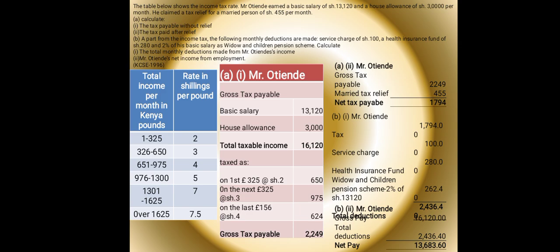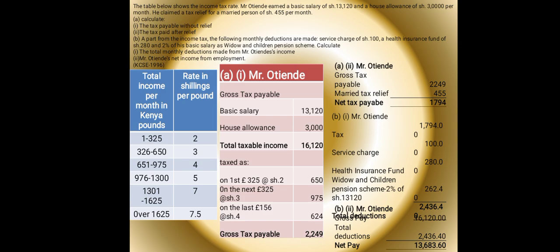You can see the bracket between 1 and 325 shillings is taxed at 2 shillings, and then the next 325 shillings is taxed at 3 shillings, and then the rest of Mr. Otiende's salary is taxed at 4 shillings.